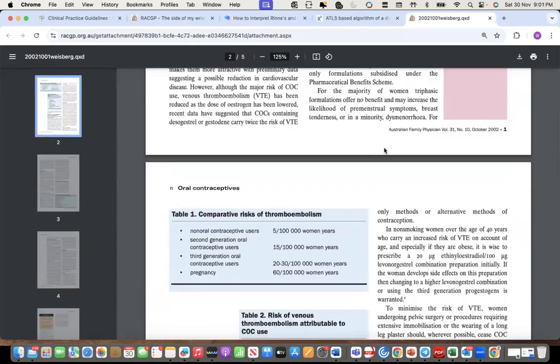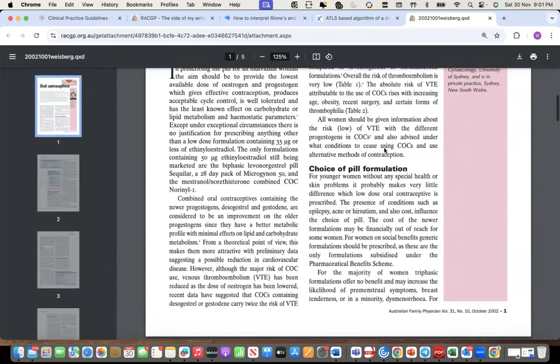Usually for breast cancer patients, we opt for non-hormonal therapy, which can be the IUDs in terms of the copper, or the barrier methods you prescribe there.